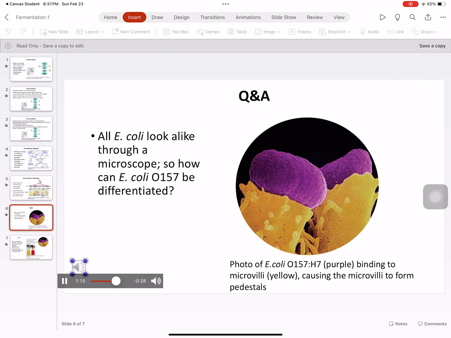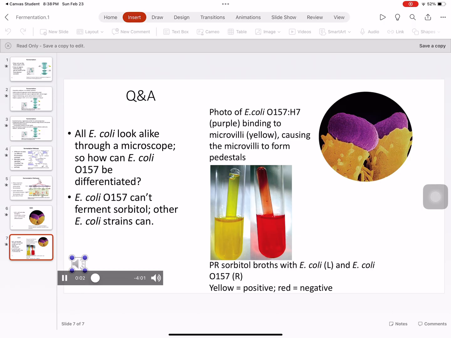But what's happening is that the E. coli O157:H7 secrete a molecule that causes the cytoskeleton of the microvilli to change shape to form that flat top, the pedestal, so that the E. coli O157:H7 can adhere better and then have its wicked ways with us.